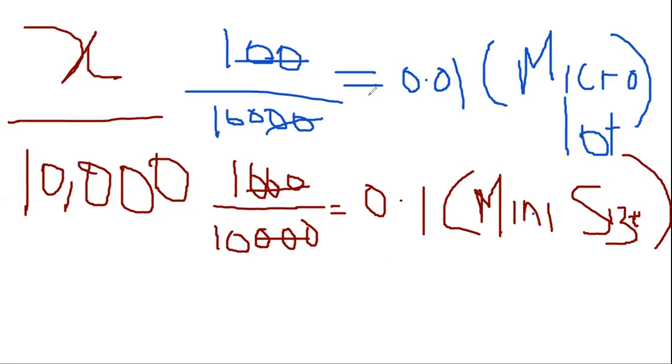So in other words, if somebody has $9,000, for instance, that person is using a mini lot size.